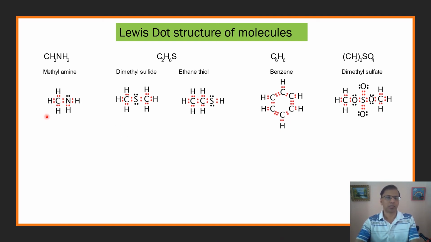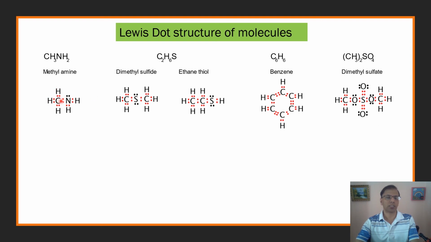So let's start with methylamine. In this case, there's hydrogens right here, and each hydrogen, as you're aware, can form only one bond, and so it should be next to only one atom. So the arrangement should be like this.